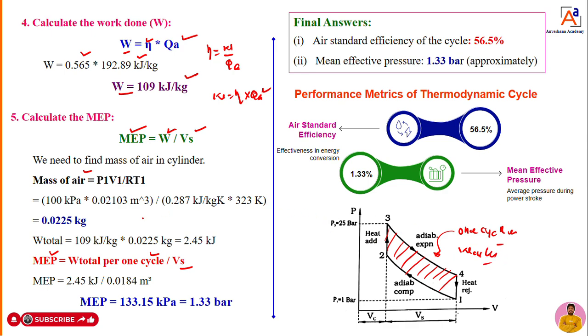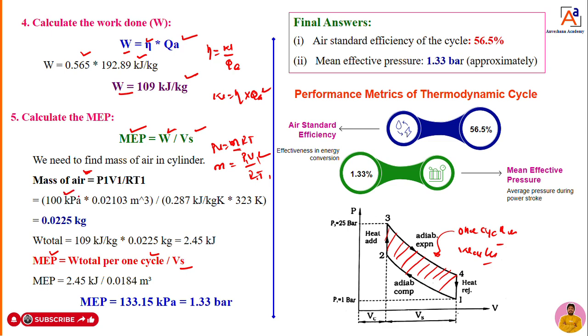That means you are supplying a certain amount of air, right? How much amount of air you have supplied to the engine, that you need to calculate first. That is mass of air equal to P1 V1 over R T1, because I am using the ideal gas law here. PV is equal to mRT. So if I want m value, m is equal to PV divided by RT. The same thing I am going to apply for condition 1, P1 V1 over R T1.